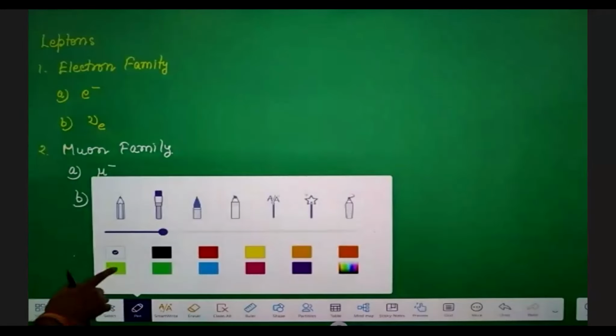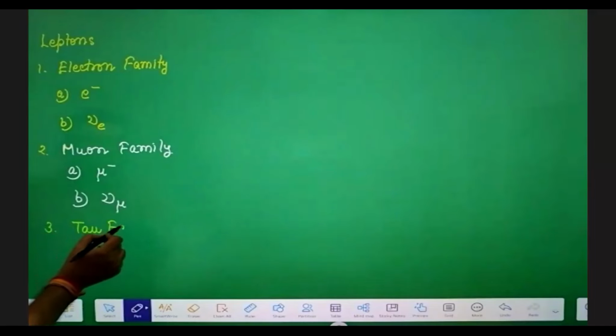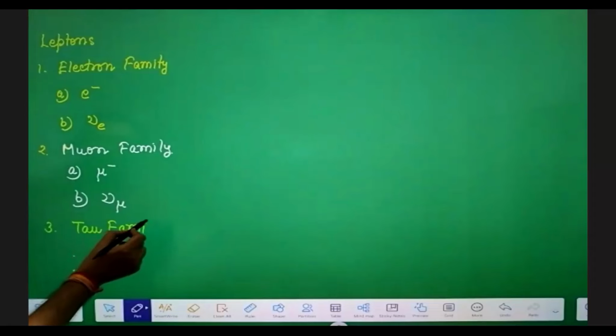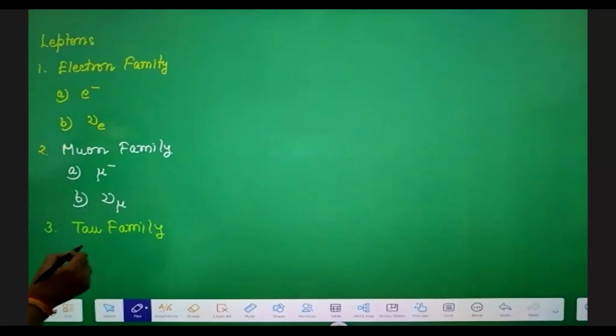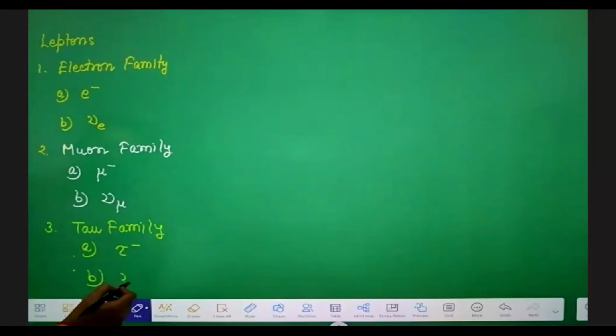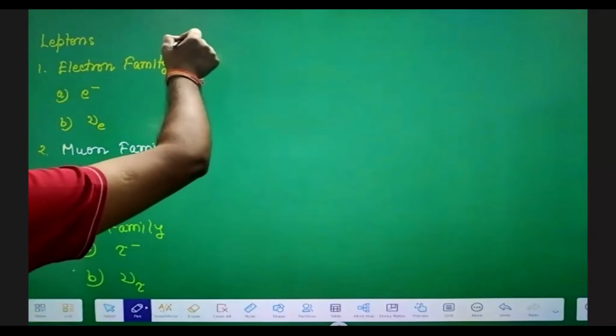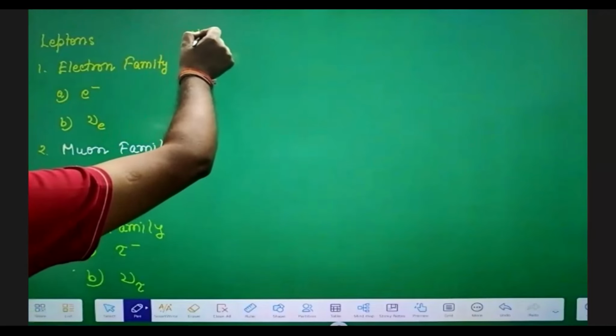Third category is tau family. Here, tau and tau neutrino. Now, first thing is, what is their spin and parity? So first I am writing spin and parity.